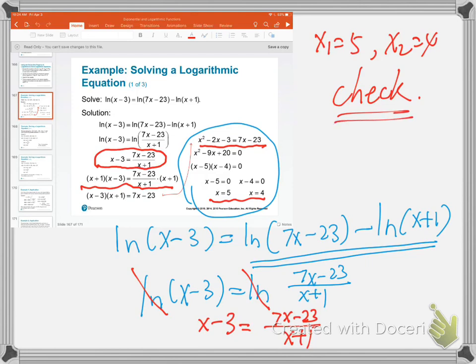How do you check them? You plug in 5 and 4 into these three parts to see whether they are positive. When x is 5, this is positive, positive, positive, so 5 is okay. When x is 4, they're also positive, so we have two solutions. Just make sure you take log of a positive number.